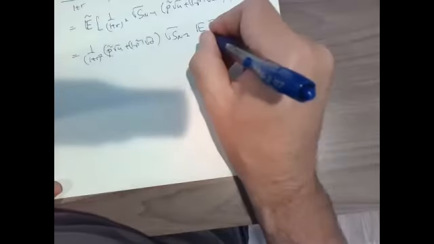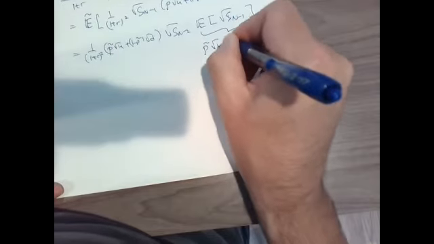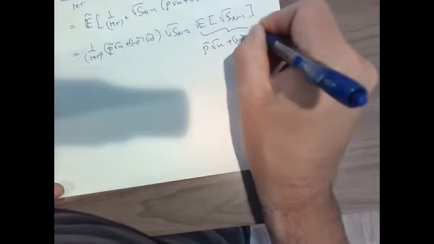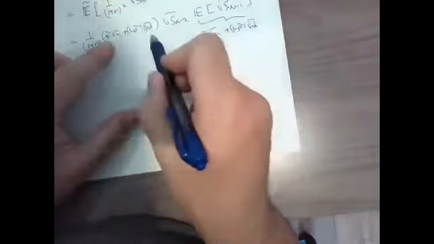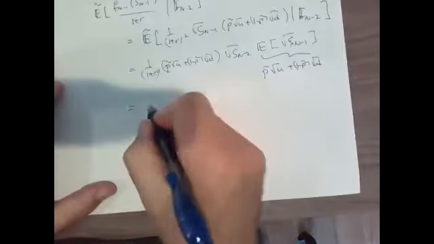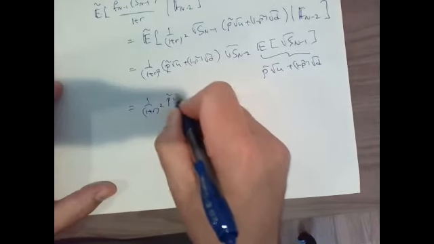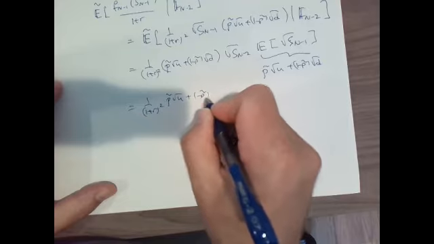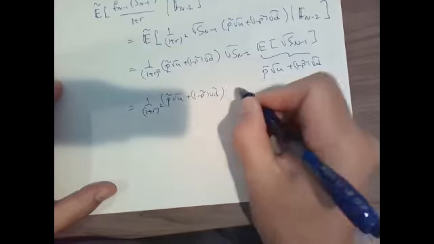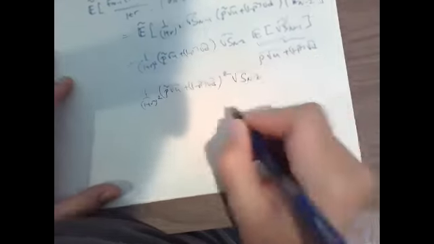Like in this quantity here, this is p tilde square root u plus 1 minus p tilde square root d, exactly what you have over here. So you combine the two things: 1 over 1 plus r squared, p tilde square root u plus 1 minus p tilde square root d, now squared, times the square root of Sn minus 2.